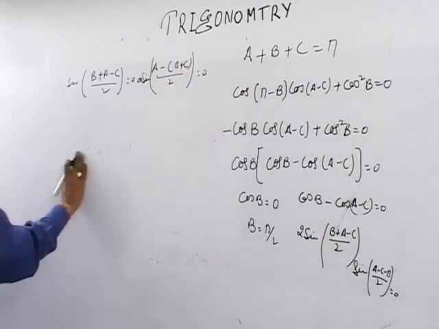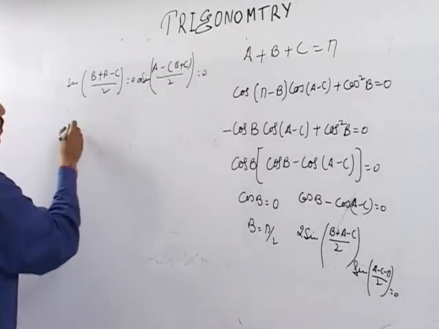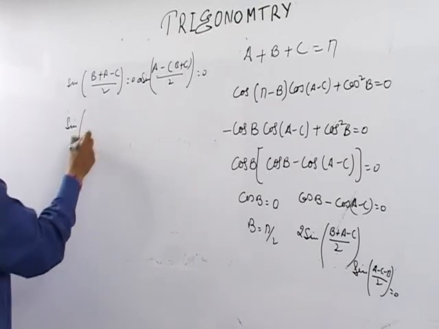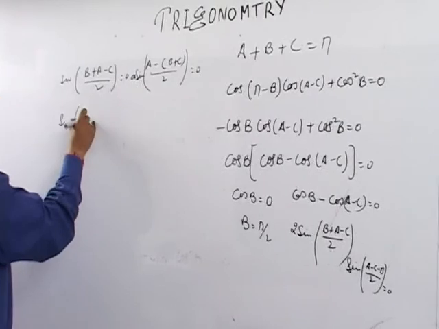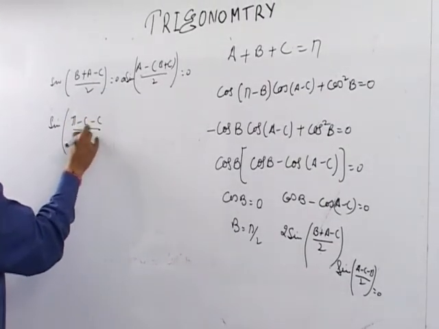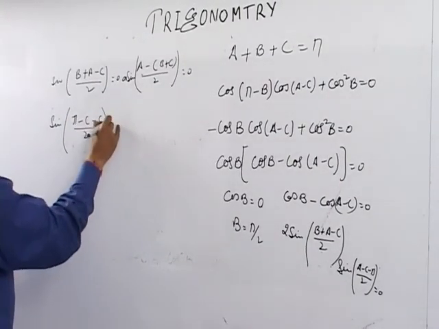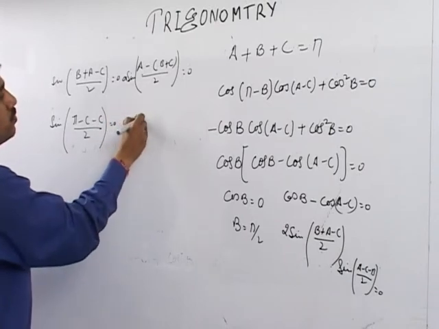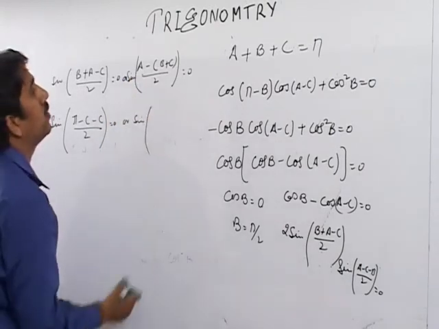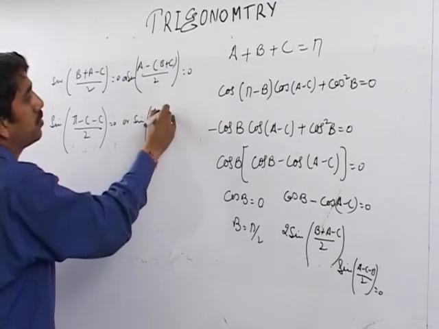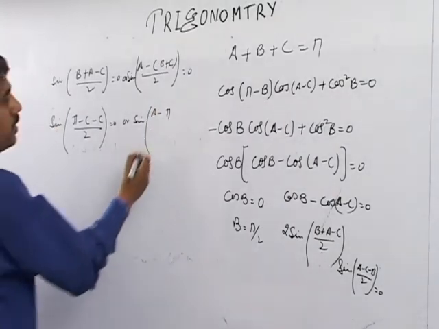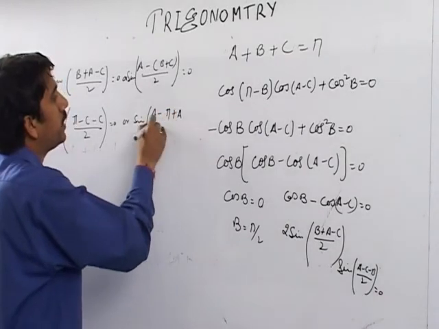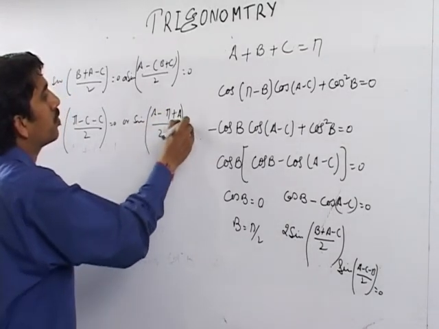Now when putting the value of A plus B, from this we get sine of A plus B, which is pi minus C by 2, is equal to 0, or sine of this is A minus pi minus A, so minus minus will become plus, A by 2 is equal to 0.